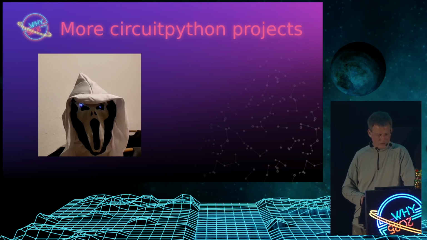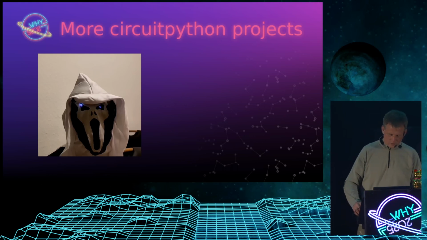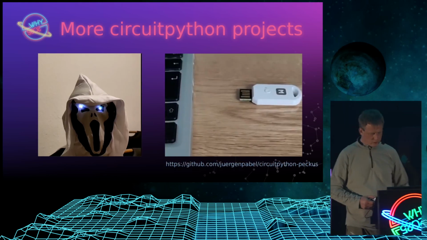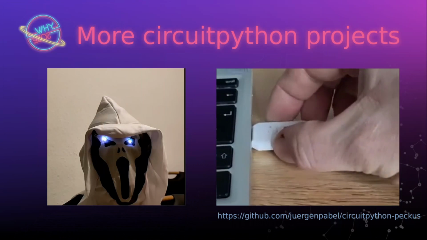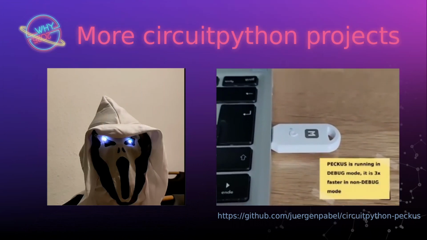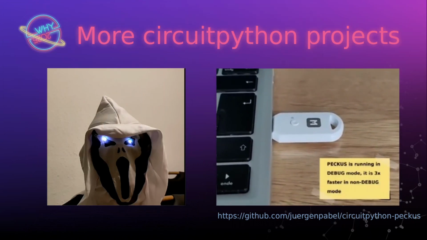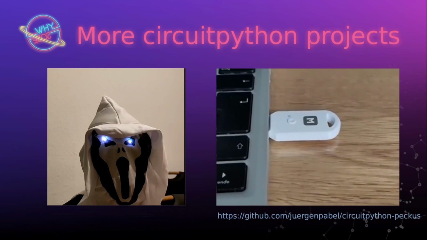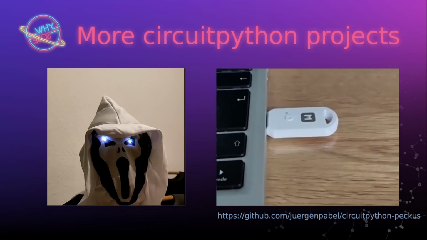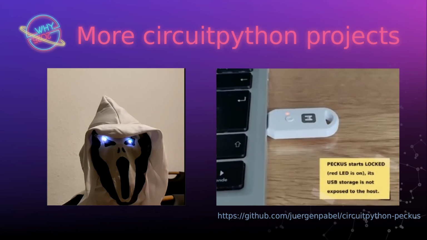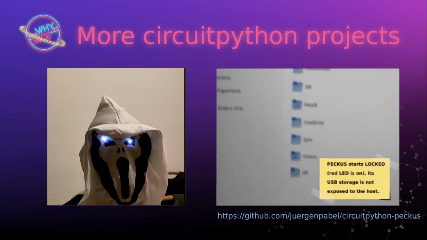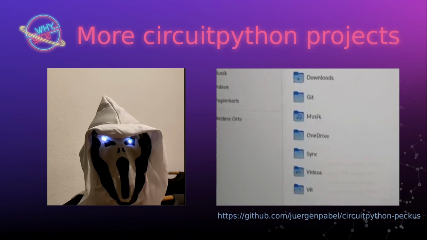And the next one is completely off topic. It's a CircuitPython board in the form of a USB stick, and what it does is it doesn't expose the USB drive. So the workflow for USB is disabled unless you push the button, so there's nothing here to see.